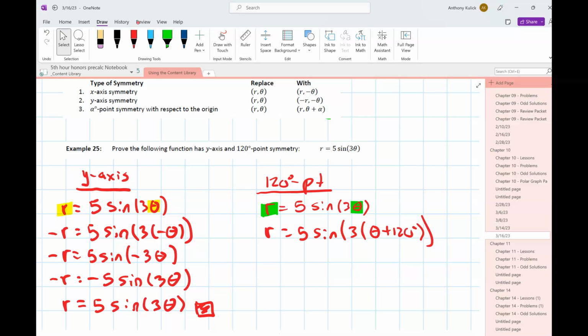Still okay? So I'm going to go ahead and distribute the 3. Still doing okay? Now I have sine of 3 theta plus 360. What can I do with that?